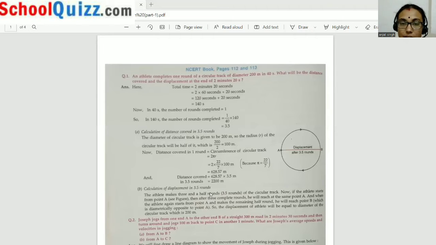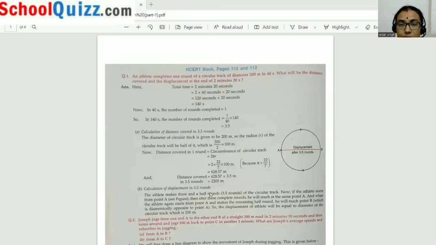Clear? And what about the displacement? So for the displacement, here you have to use your mind. Here it is written, the athlete makes 3.5 rounds.